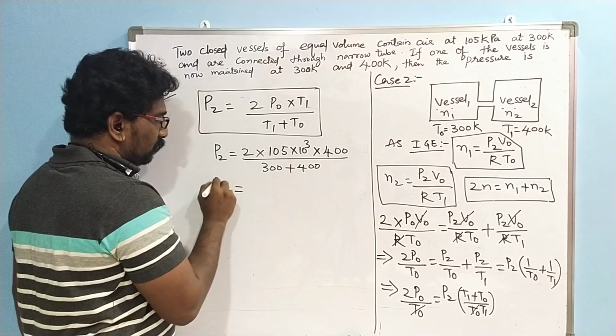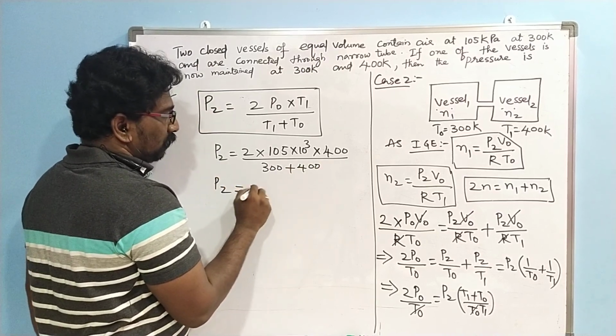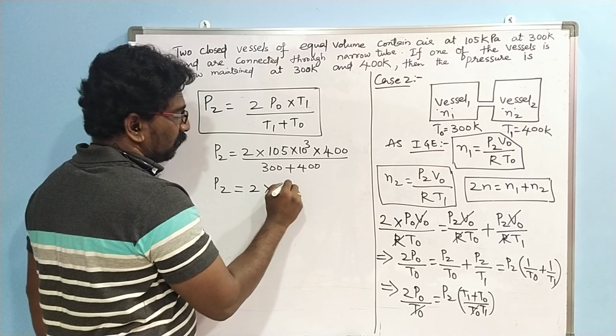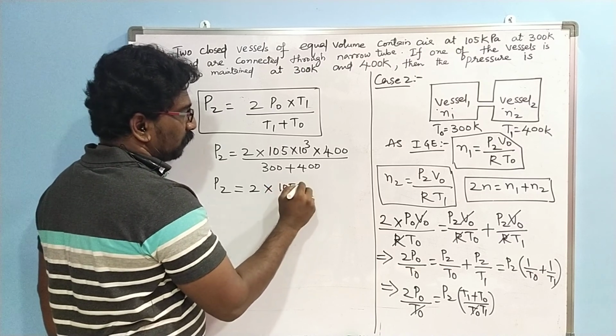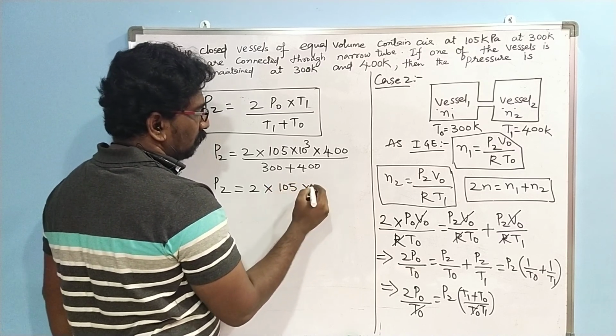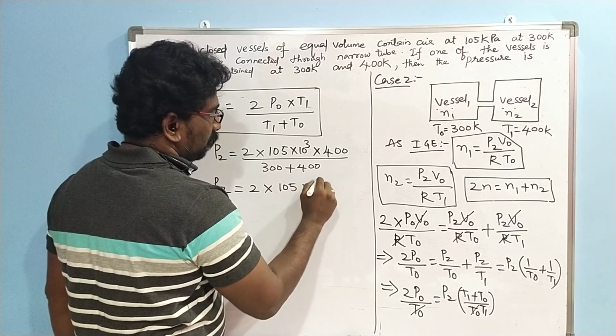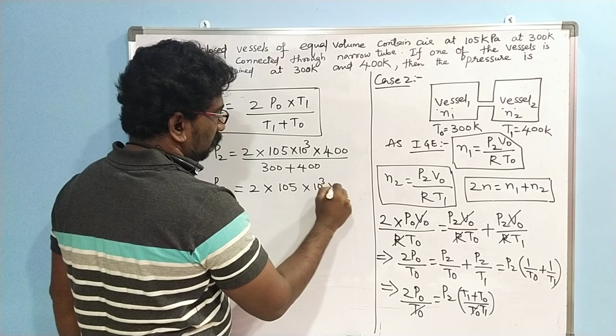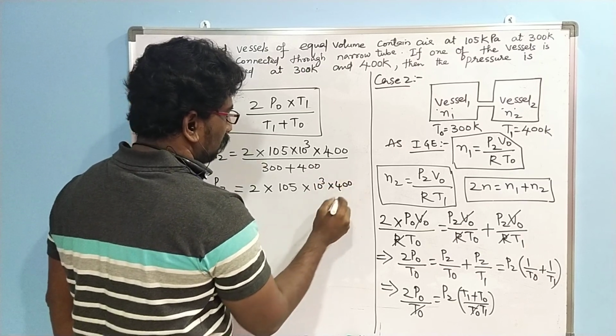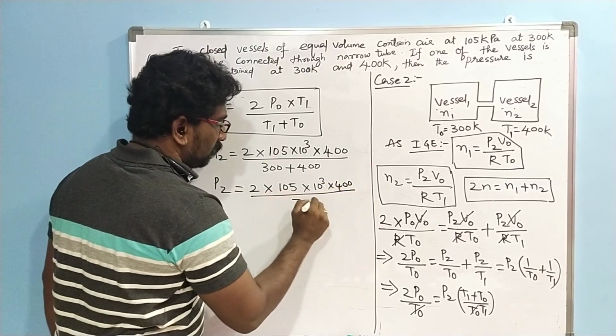So P2 is equal to 2 into 105 into 10 power 3 into 400 divided by 700.